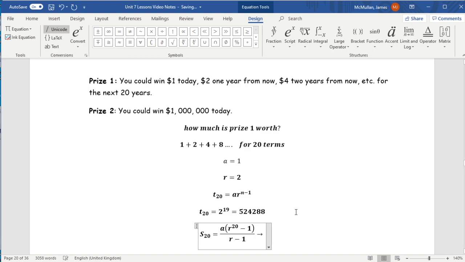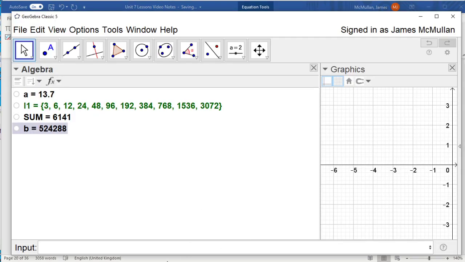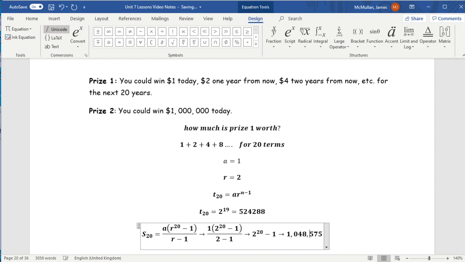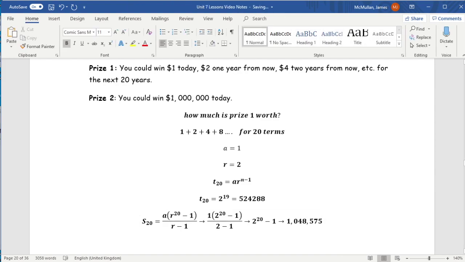To fill in what we know there, a is 1, so we can ignore it. 2 to the 20 minus 1 divided by 2 minus 1, which is really just 2 to the 20 minus 1. Now, 2 to the 20 minus 1 is 1,048,575.